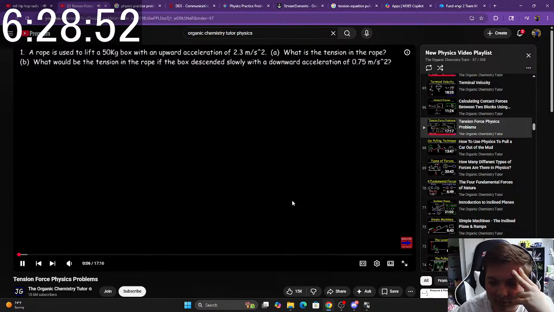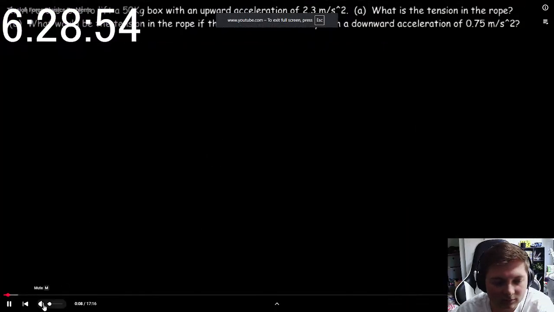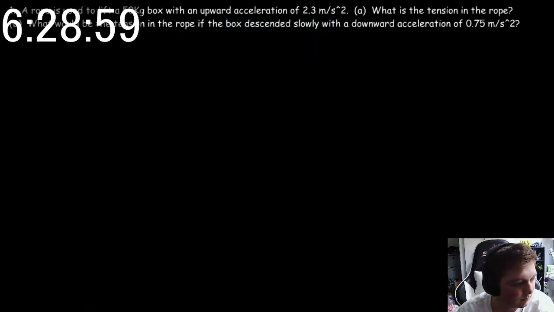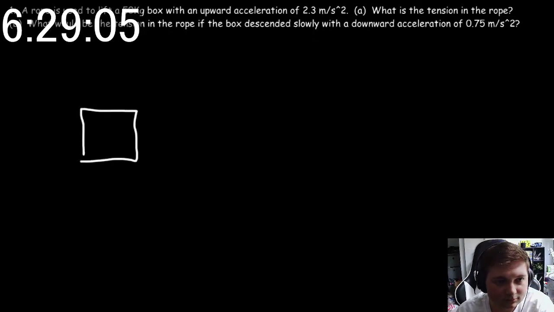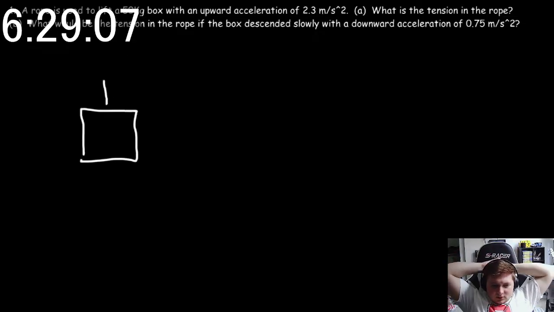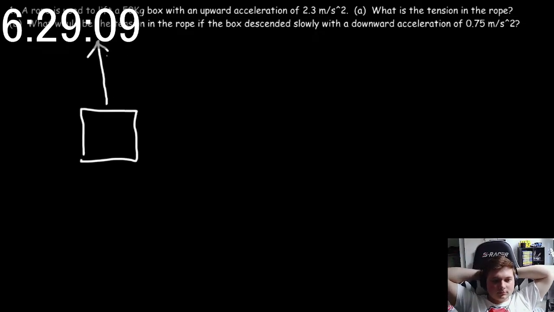So in this question, a rope is used to lift a 50-kilogram box with an upward acceleration of 2.3 meters per second squared. What is the tension in the rope? So let's say this is the box, and the rope is lifting up the box. The force that acts along a rope is the tension force.